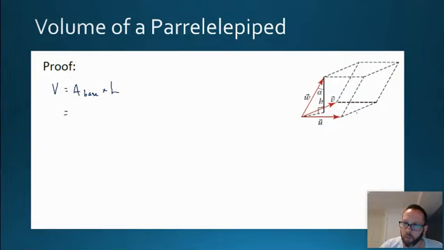Now, if we consider the base of our parallelepiped to be the bottom, a parallelogram formed between u and v, then if you recall, the area of a parallelogram formed by two vectors is equal to the magnitude of the cross product of the two vectors forming that parallelogram. That's a property we learned in our last lesson on the cross product. So that's the area of the base.